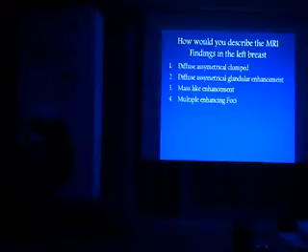Okay, diffuse asymmetrical glandular enhancement. 1, 2, 3, 4, 5, maybe 6. Okay. Mass-like enhancement. 1. Multiple enhancing foci. 1, 2, 3, 4. Okay.